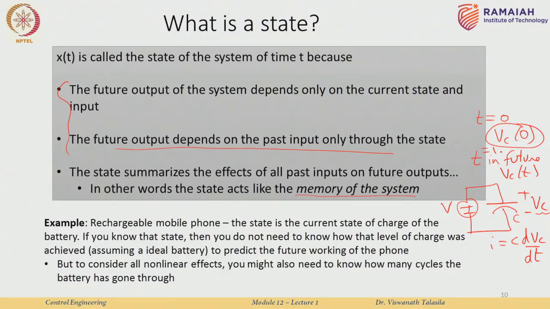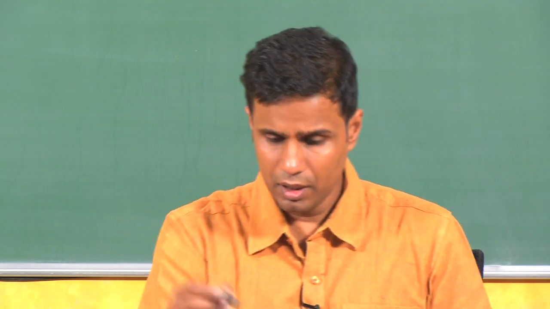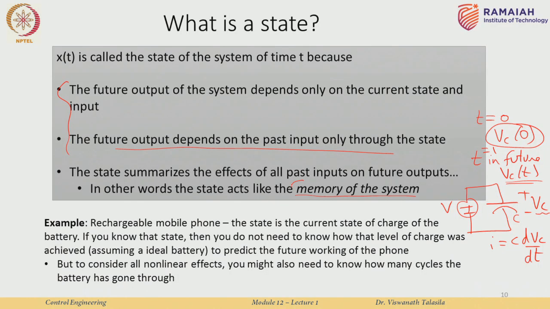So, for example, at t equal to 1, as long as I know the value of the state at time t equal to 0 and I know the kind of input I am going to give, I can always calculate Vc of t. I do not need to know what happened 1 hour before, I do not need to know what happened 1 day before, as long as I have the total information of the state as of now, all right. So, that is loosely called the memory of the system, all right.